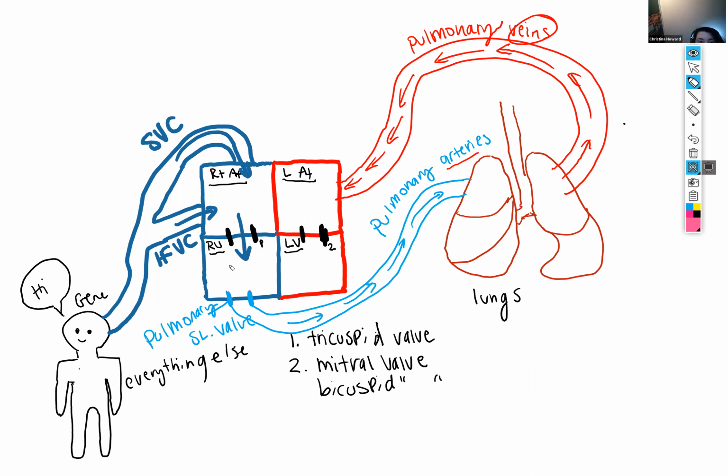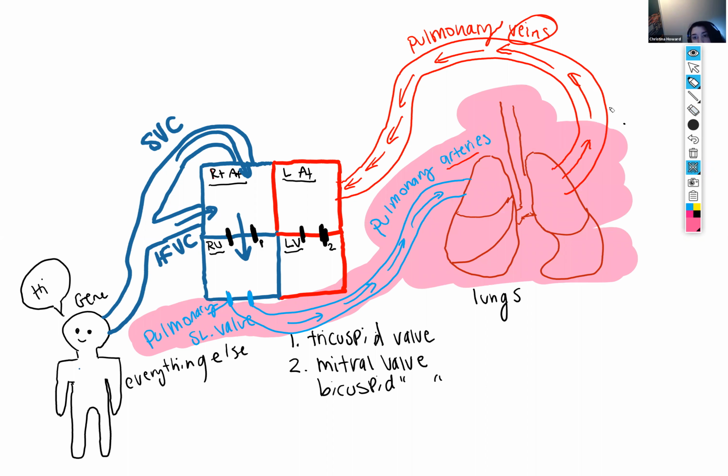So it's that. So basically, most textbooks say that it starts at the right side, and that's because starting from when this oxygen poor blood enters the heart, then it's between the heart and the lungs, and then back to the heart.